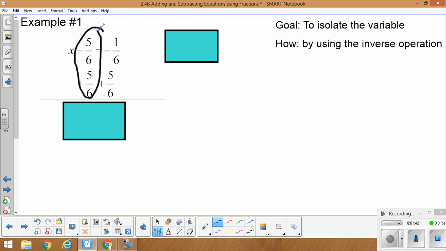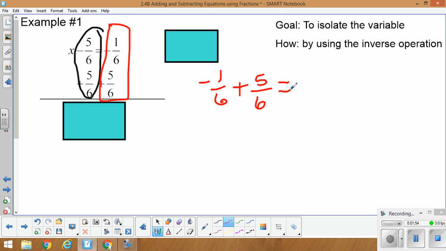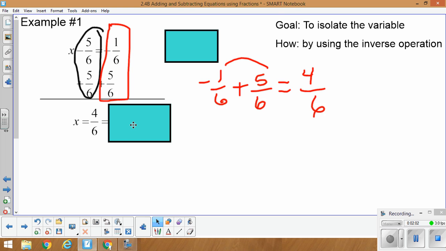And on the right side of the equal sign, I'm left with negative 1 over 6 plus 5 over 6. Since my signs are different, I'm going to subtract 5 minus 1 and get 4 over 6. And I can reduce 4 over 6 by dividing by 2. So I get an answer of 2 over 3.